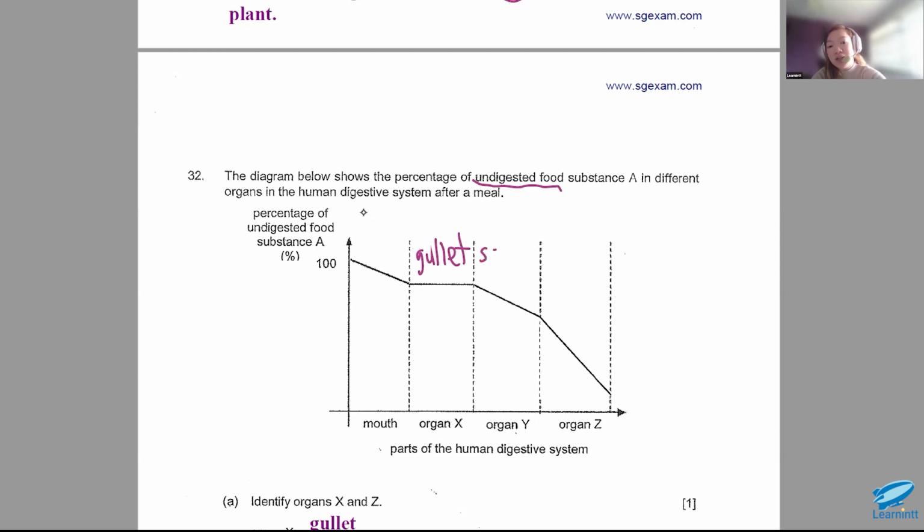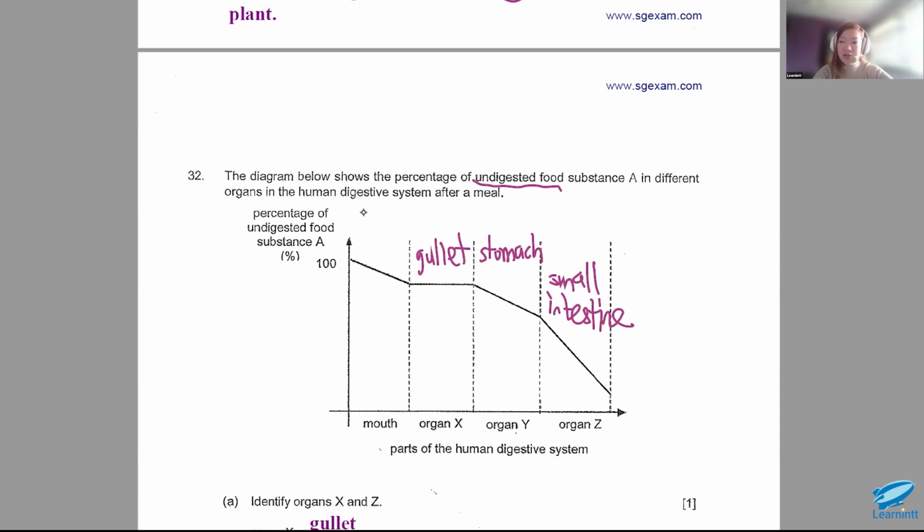the stomach. But how do I know it's the stomach? Now, there is some digestion taking place in the stomach because there are digestive juices. So you'll see that the amount of undigested food has dropped again. And I can further confirm that organ Z is actually the small intestine. Why? There is the highest amount of digestive juices in the small intestine.